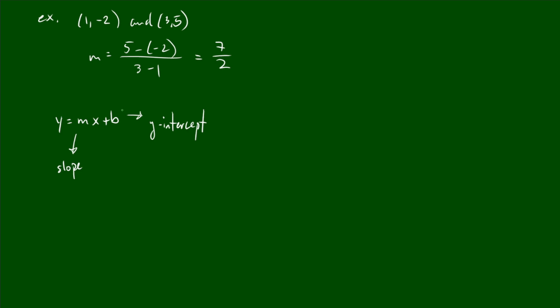Alternatively, one can use the point-slope form of the equation of a line. And that means you're starting with y minus y1 over x minus x1 equals m. Then you multiply both sides by x minus x1. And then you get this.